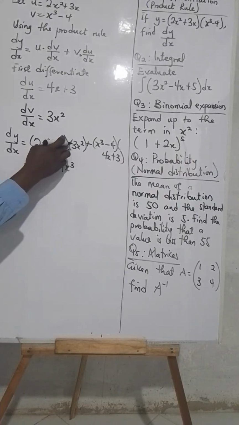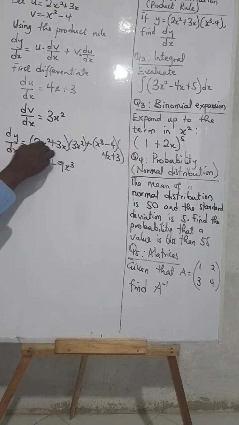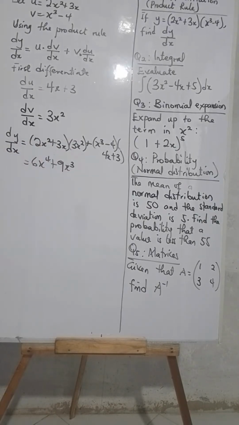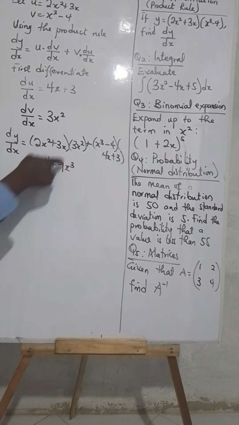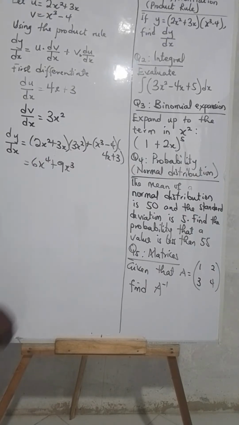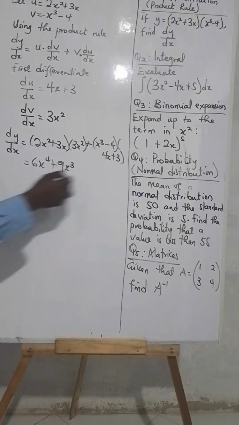By the law of indices, you add the exponents when they are multiplying. So 2x squared by 3x squared will give us 6x exponent 4. Then 3x by 3x squared, 3 times 3 is 9, then the exponent becomes 3.